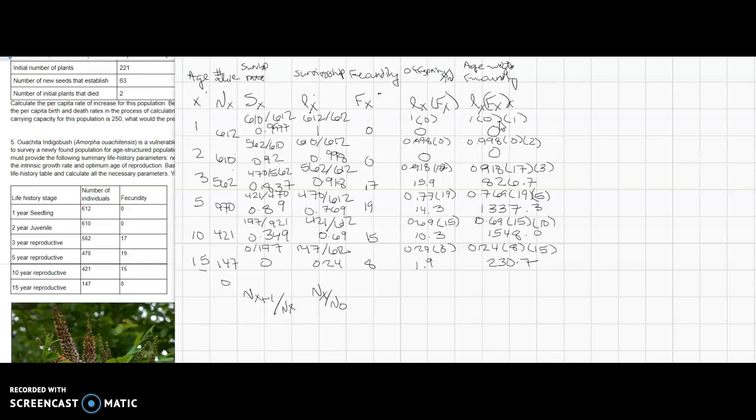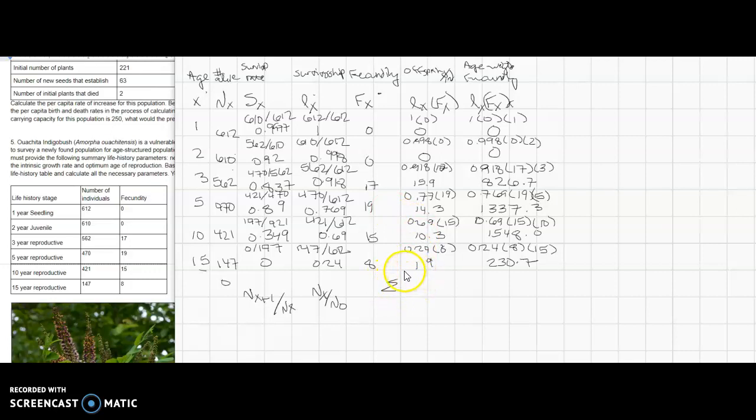So it's now time to figure out what our first summary statistic is. So R naught is going to be the sum of the entire column of Lx Fx.